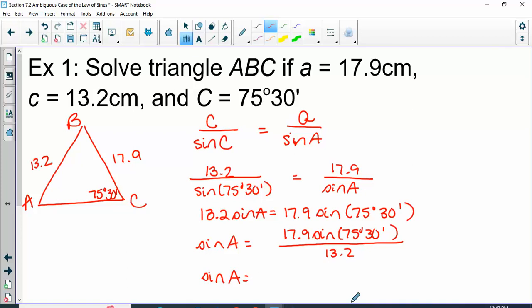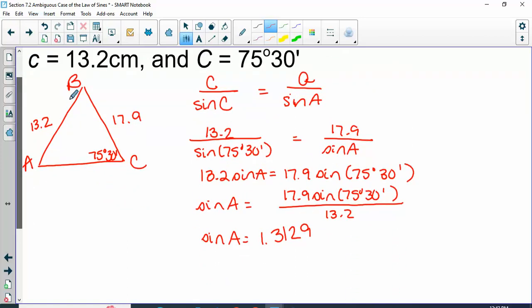So let's type this in. We need to be in degree mode. So 17.9 times the sine of 75 degrees, 30 minutes. We do that as 75 plus 30 over 60. Divided by 13.2. We get 1.3129.